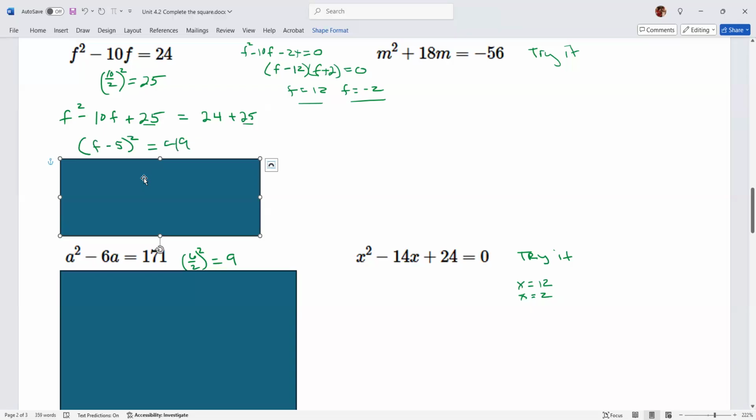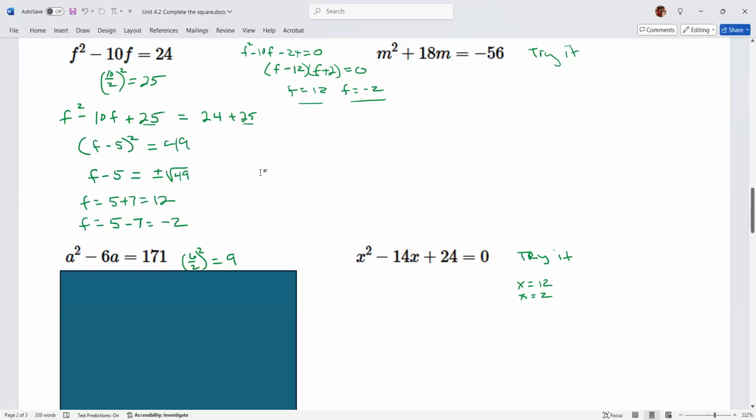We take the square roots of both sides. So when I do that, I end up with f minus 5 is equal to plus or minus the square root of 49. And the square root of 49 obviously is going to be equal to plus or minus 7.